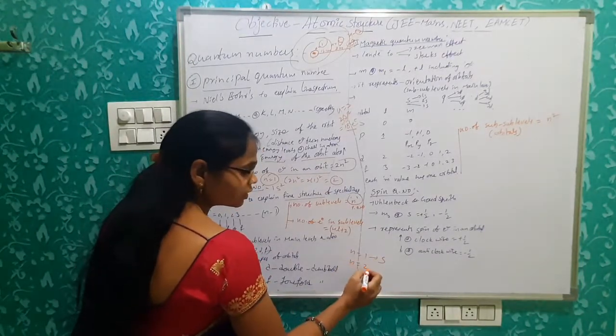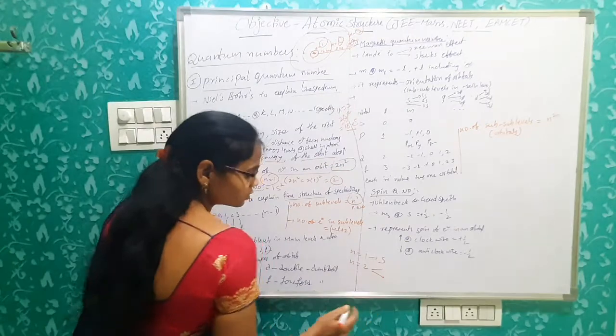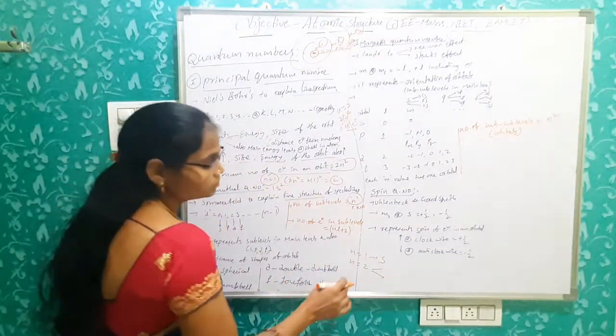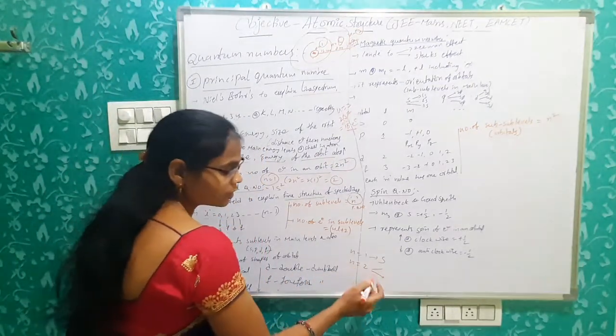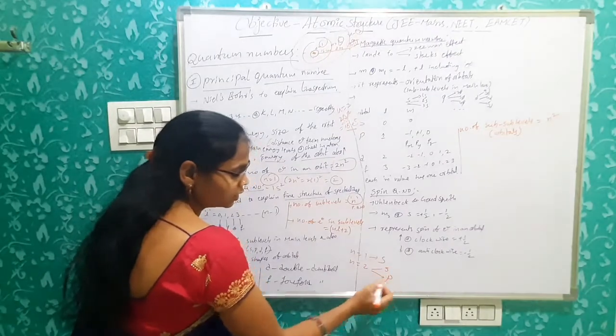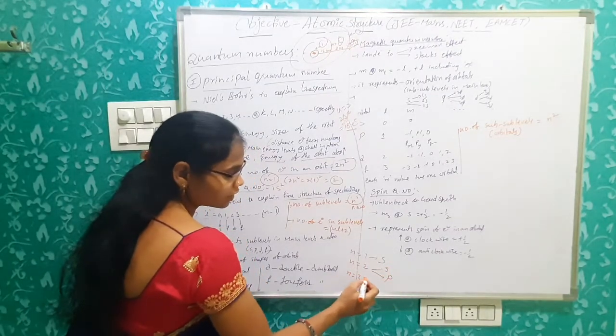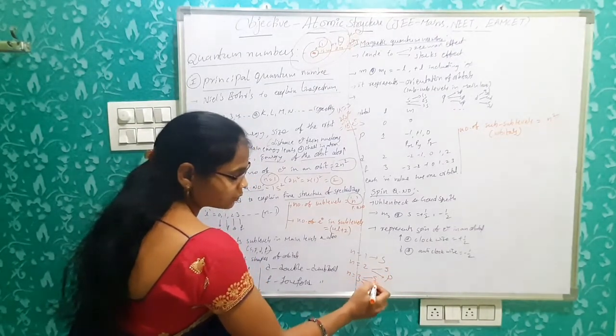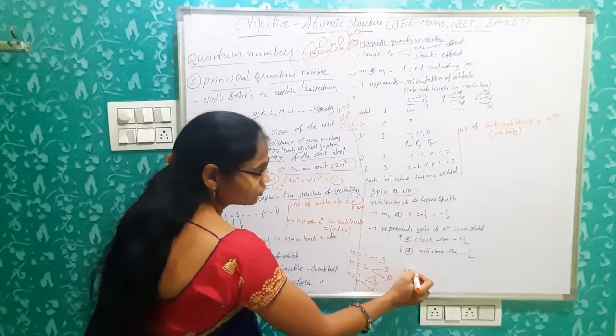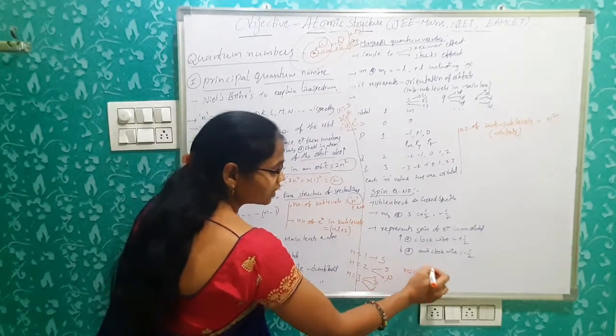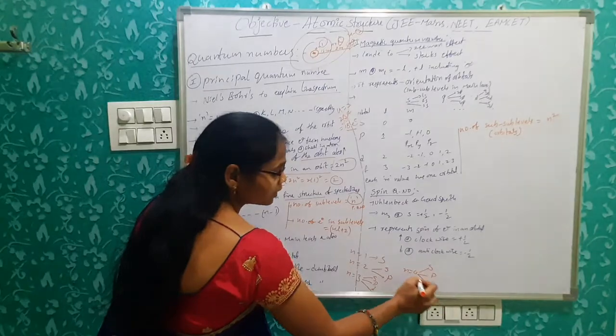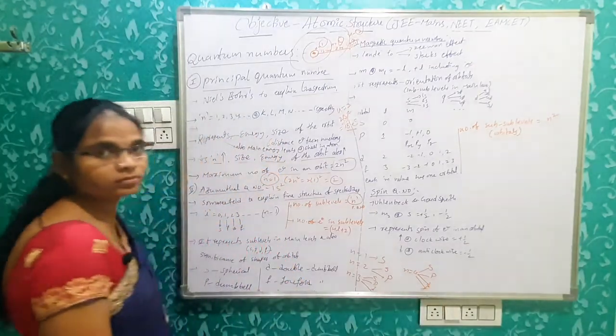If n equals 2, sublevels are 2, they are s and p. N equals 3, sublevels s, p, d. N equals 4, sublevels are 4, they are s orbital, p orbital, d orbital and f orbital.